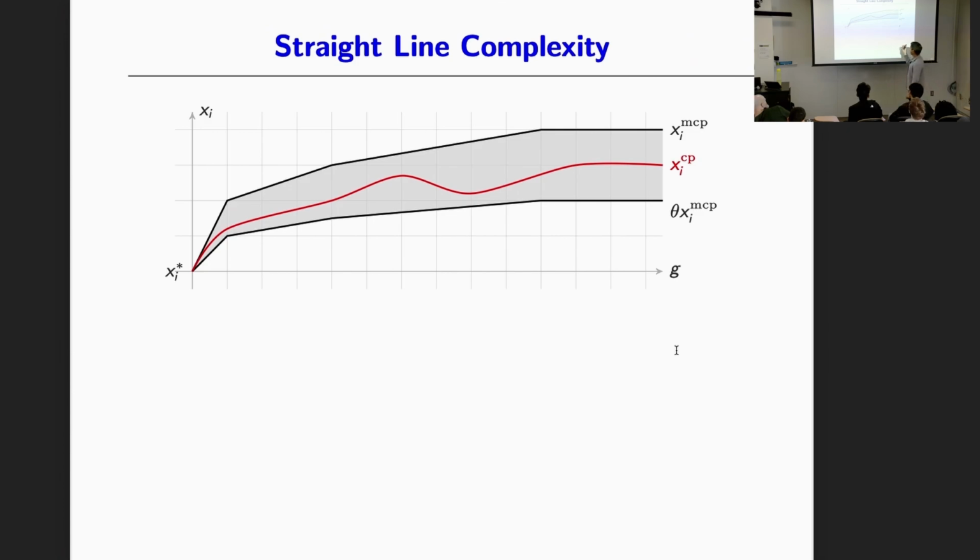By the previous theorem, if we pick theta to be 1 over 2m or smaller, then the central path will lie in this gray region, the theta neighborhood of the max central path. But the central path could do some weird things: it could go up and down, it might not be monotone, there's no concavity. So we instead prefer to study the central path from the lens of the max central path.